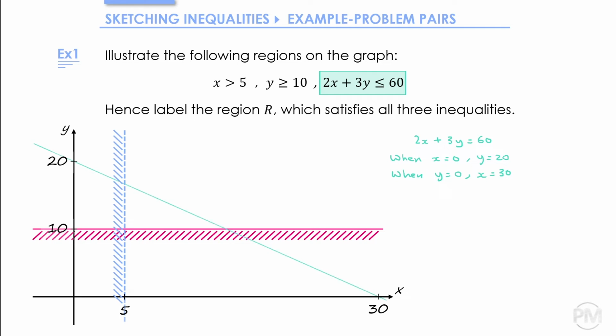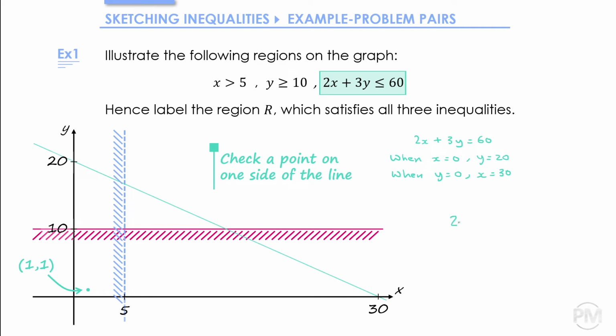It's not necessarily as obvious which side of the line to shade here, so whenever you're unsure, here's a method you can use to find out which side to shade. First of all, choose a point on one side of the line. It doesn't matter where, as long as you know it's on one side. So I'm going to choose the point 1, 1. Once you've chosen a point, sub it into your inequality and see if it fits.